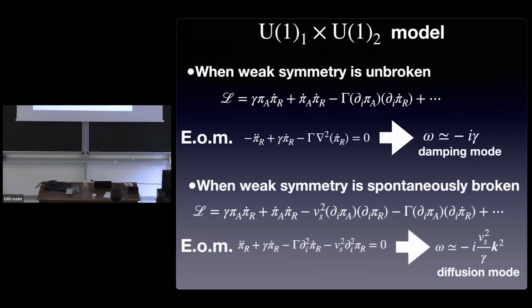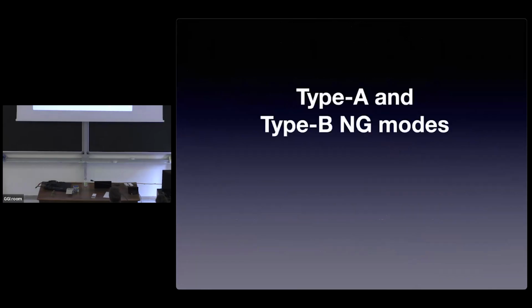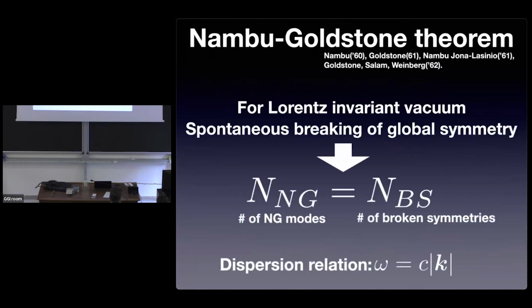So anyway, naively you can think that in the open system, the Nambu mode becomes just a damping mode, I mean a diffusion mode. But this is not always the case. In general, there are two types of Nambu-Goldstone modes that exist in nature. The usual one we call type A, and the exotic one is called type B. Let me explain what it is.